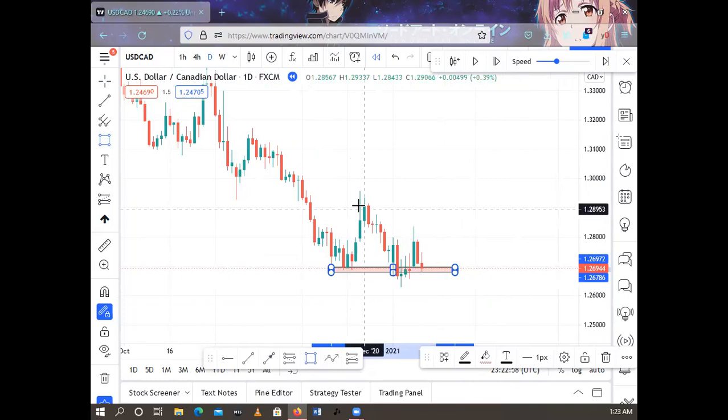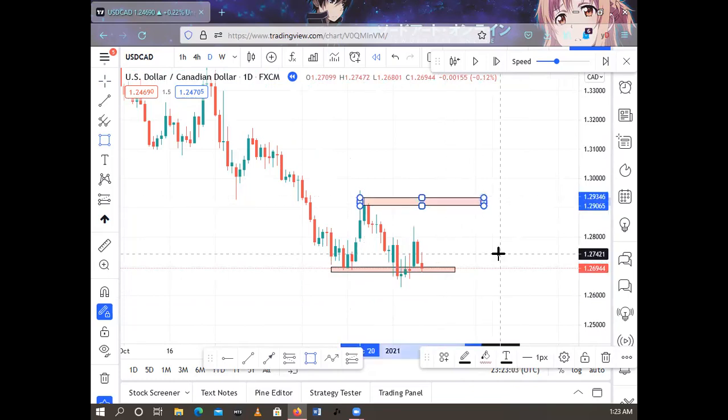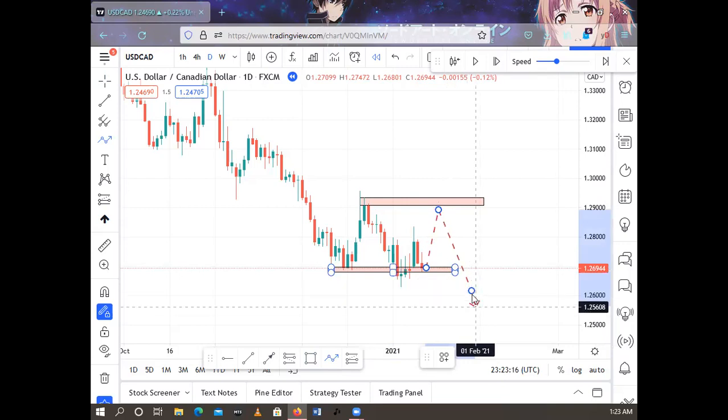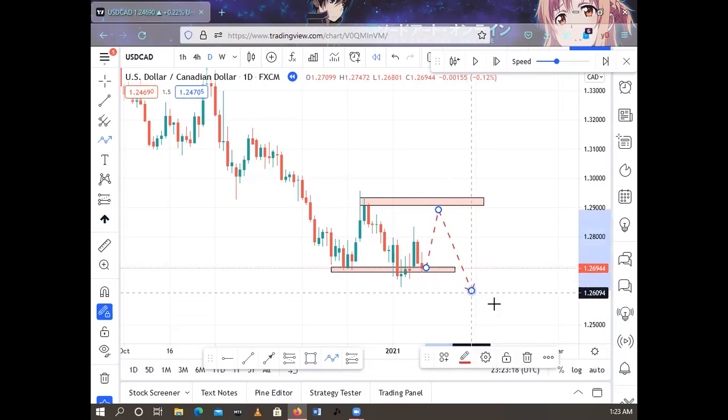We have this resistance area here. What do we want to see off of that resistance, right? We want to see price push into this area here, show us signs that the market is pushing to the downside, and we want to see the market push to the downside, right?